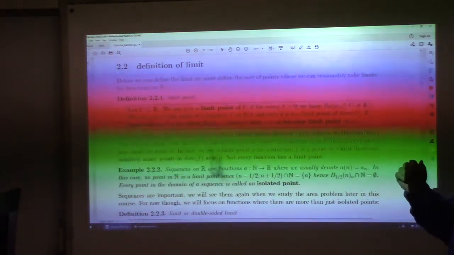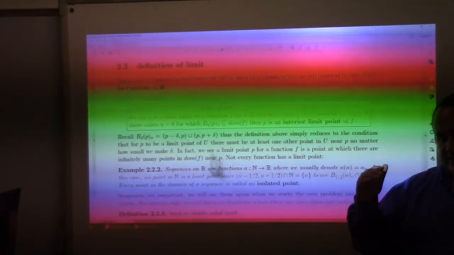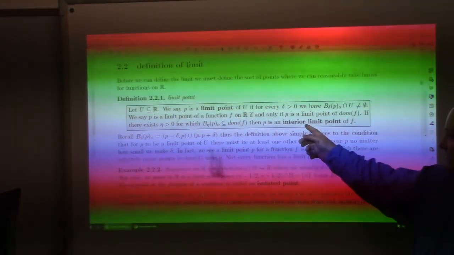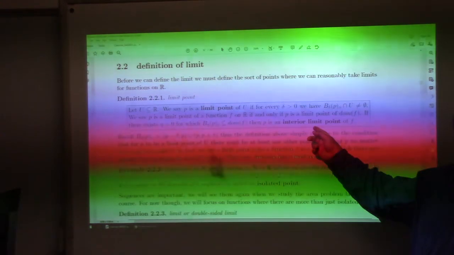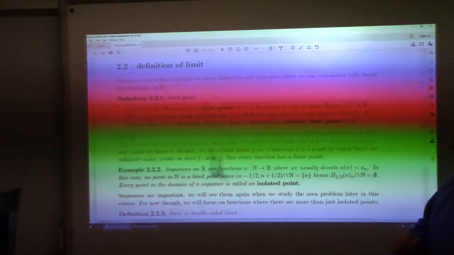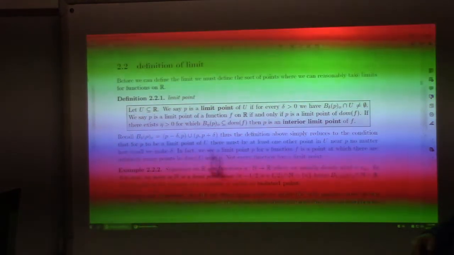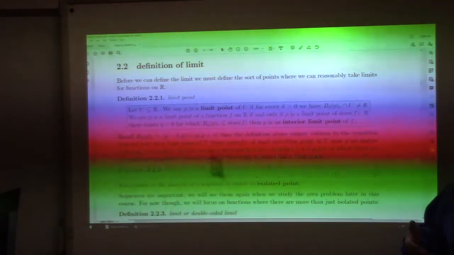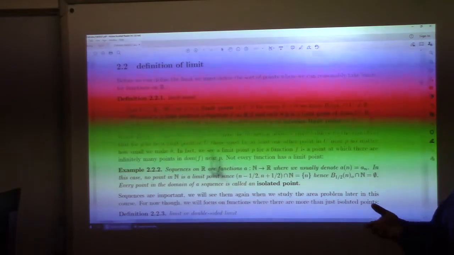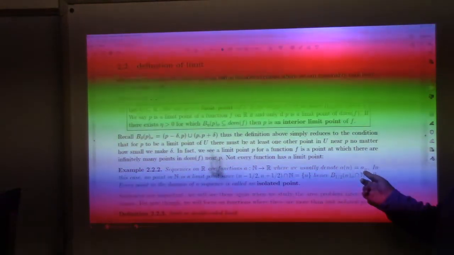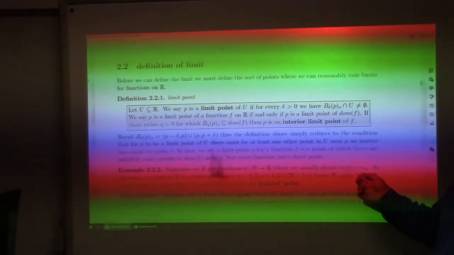Now, if there are points included to the left and to the right, then it's called an interior limit point. Now, there are functions that don't have any limit points. An example would be a sequence. A sequence has a domain which is the natural numbers.